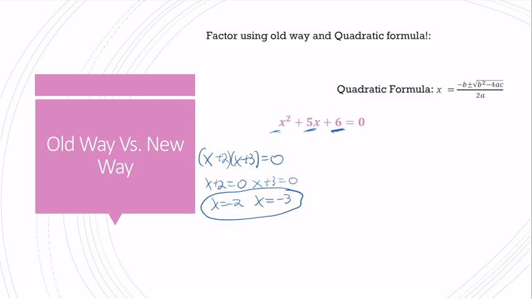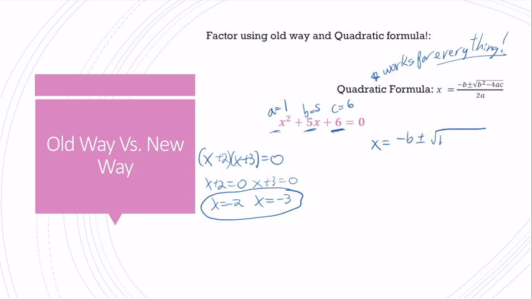What's nice about the quadratic formula is that it works for everything, even things that appear prime. So if I want to solve this, I start by labeling my a, b, c. a is 1, b is 5, c is 6. So I have x equals negative b plus or minus the square root of b squared minus 4ac all over 2a.